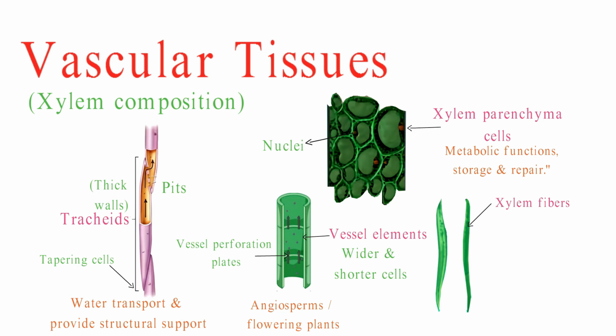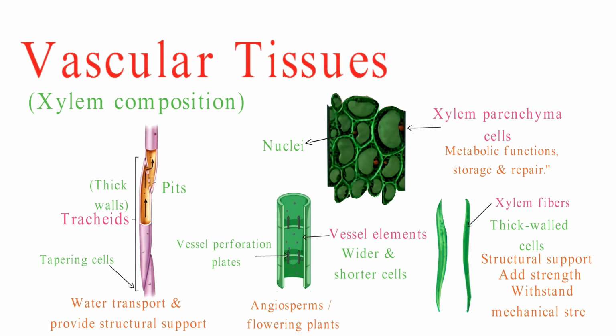Xylem fibers are long, thick-walled cells that provide structural support to the plant. They are typically found alongside tracheids and vessel elements. These fibers add strength to the plant's xylem, helping it withstand mechanical stress. These various xylem components work in synergy to transport water and dissolved minerals efficiently throughout the plant.